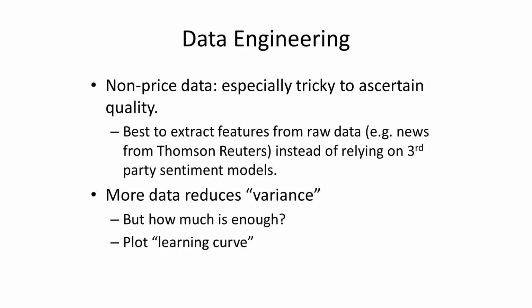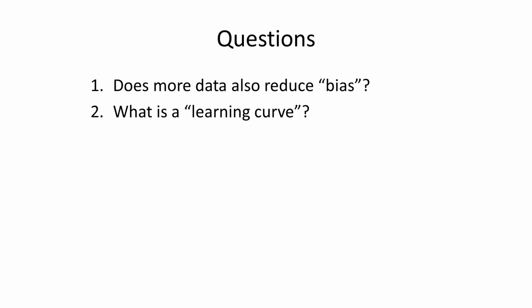So how much is enough? That is something that is actually very easily determined through the learning curve. The first question, actually, I've answered myself. The more data you have, the less variance, but it actually increases the bias. You will get an increasing error rate in the training data typically.